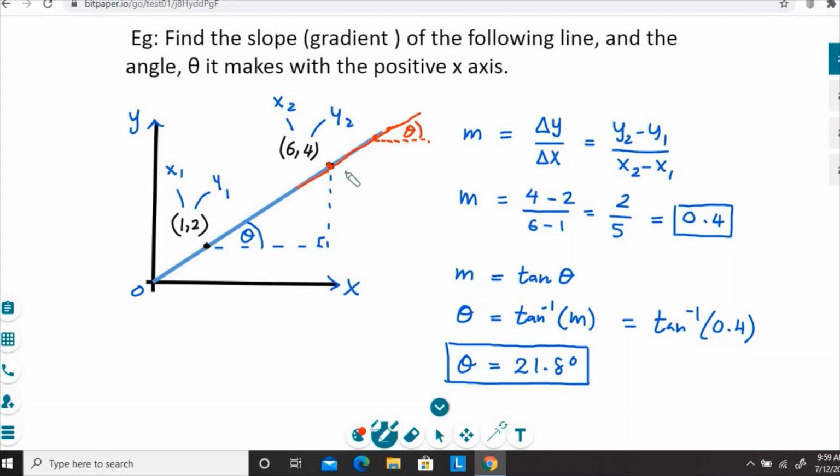You draw a tangent and you look at the angle theta. It's the same theta. You draw a tangent here and you can see it's the same theta. If it's a linear or a straight line, then m, or the slope, is constant throughout that line.